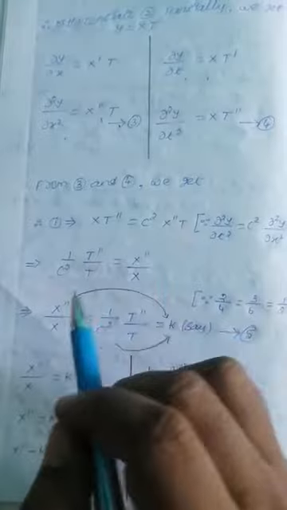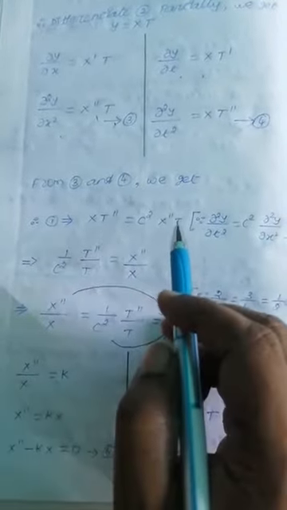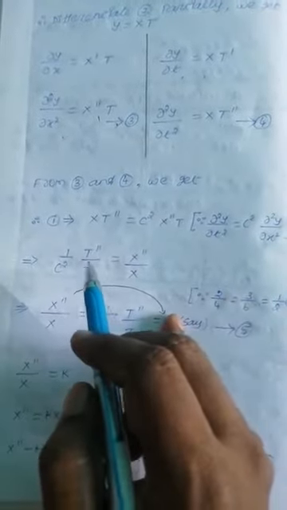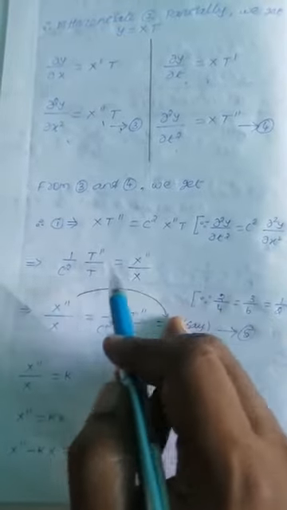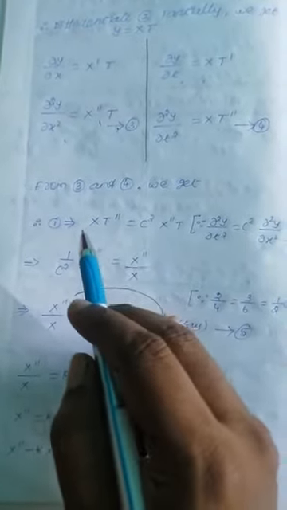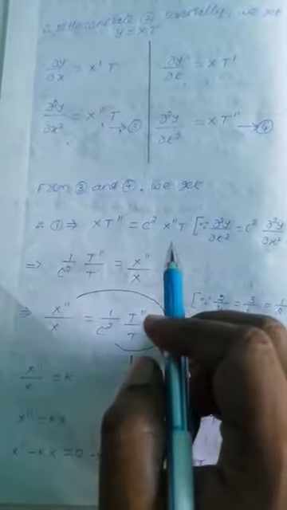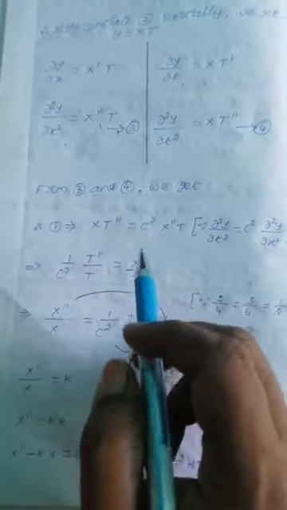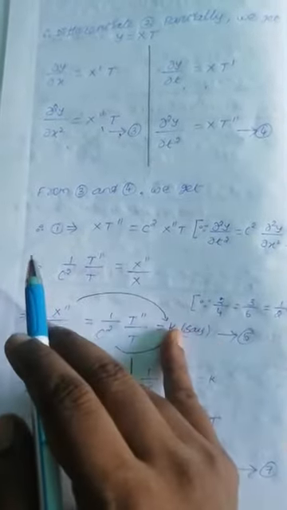Now I split that: T'' divided by T, and c² comes under as 1 by c². X goes to the right hand side, X'' by X. Now the variables T are separated and the X variables are separated.